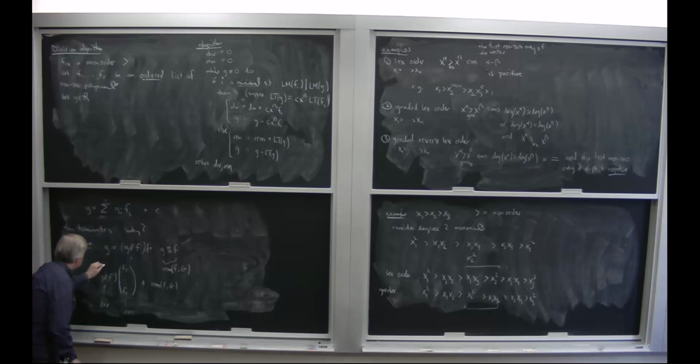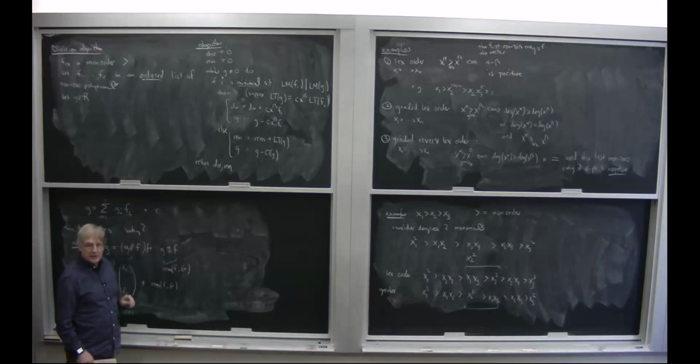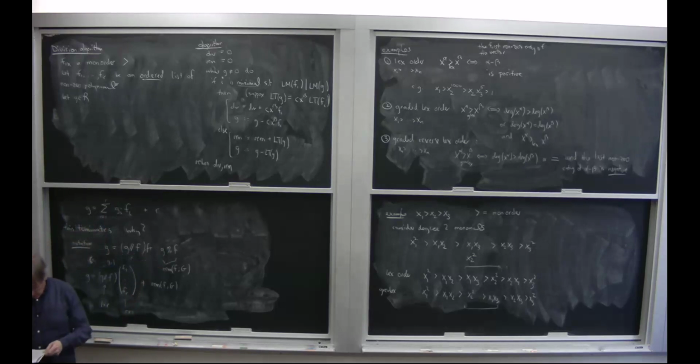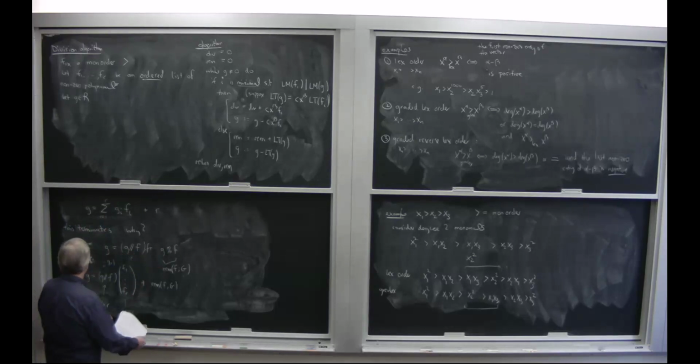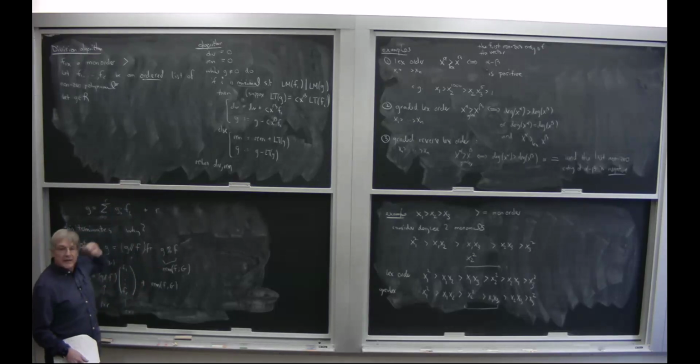So this is equal to G1 to GR. These are the notations you might use in Macaulay2. And these are unique. I mean, there were no choices made in this algorithm as is.